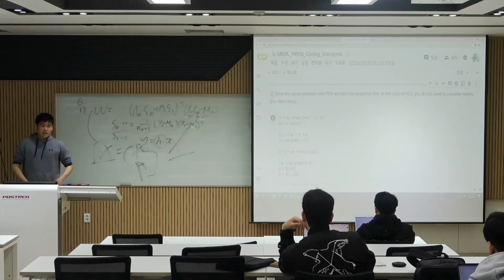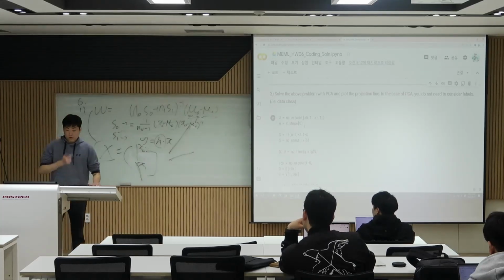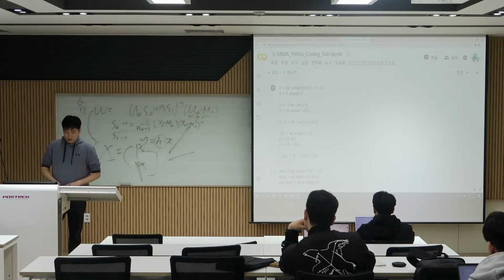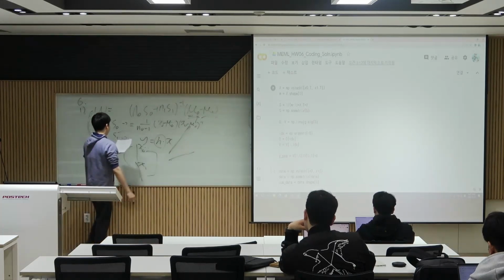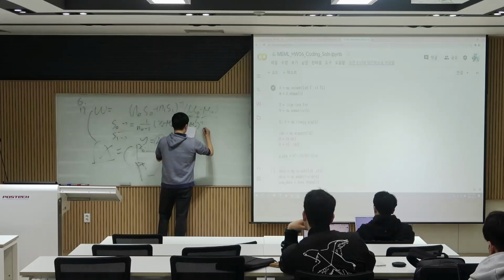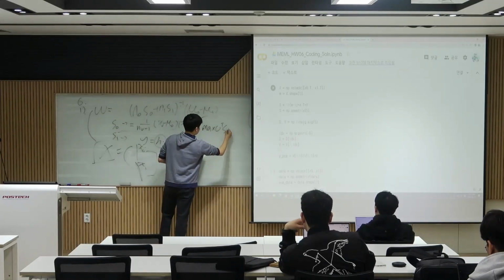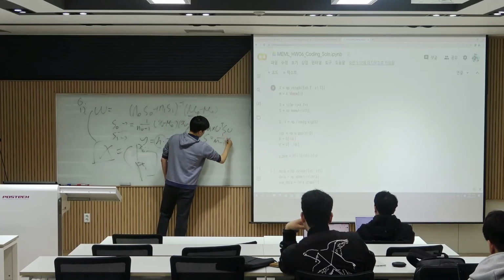So since PCA cannot consider the label of each data, we just merged two classes into one. And here, S can be written like this, but as you remember, the PCA is maximizing the UTSU, and S here was XTX. Okay.